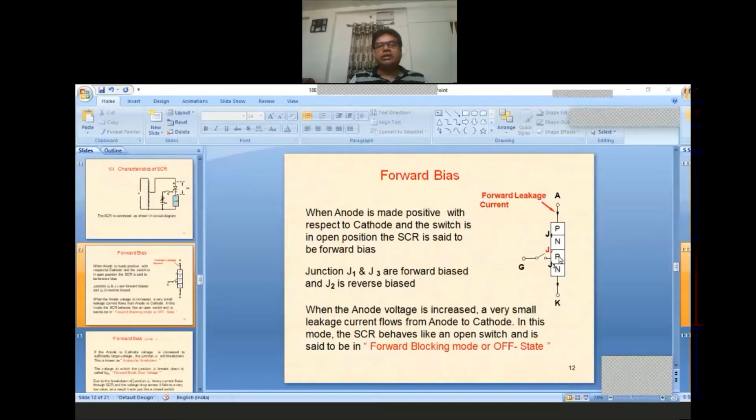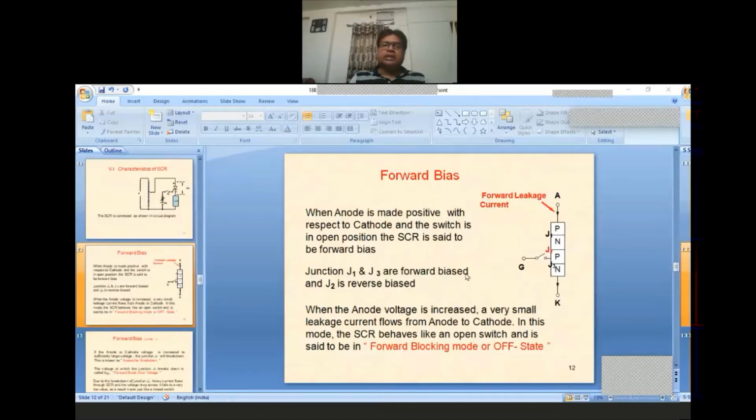Because of that, the total applied voltage will be blocking across this junction J2. So in this forward biasing condition, junctions J1 and J3 are forward biased and they will vanish, but J2 goes on increasing and it is reverse biased.